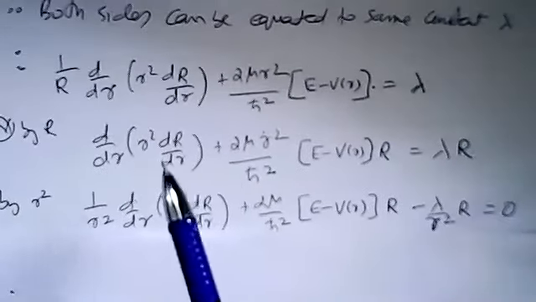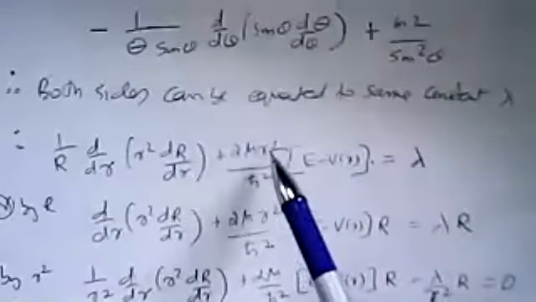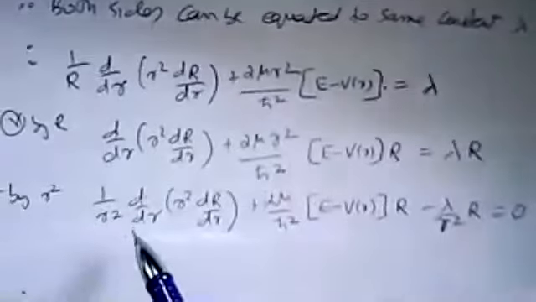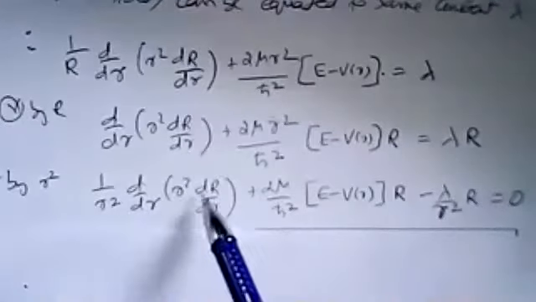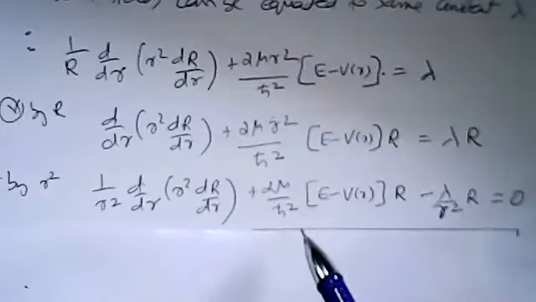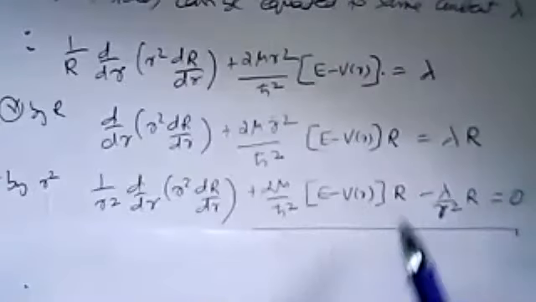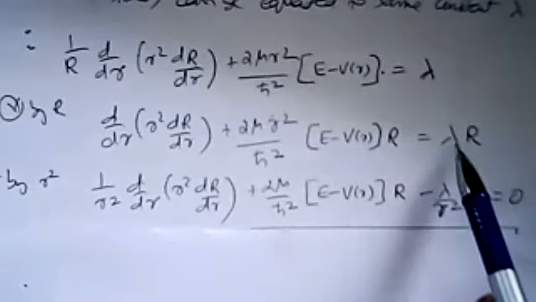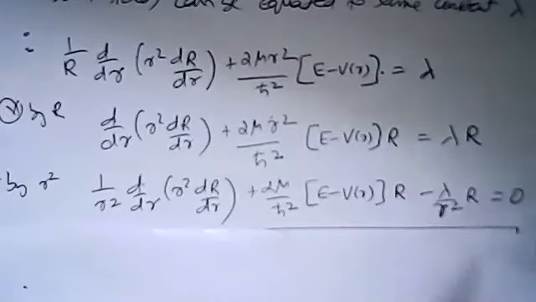Once again you divide by small r square. So the equation becomes 1 by r square dou by dou r square dou R by dou r, plus 2 mu by h cross square E minus V of r into capital R. This lambda let come to the left side, so minus lambda by r square capital R equal to 0.